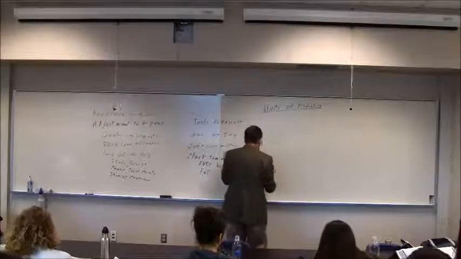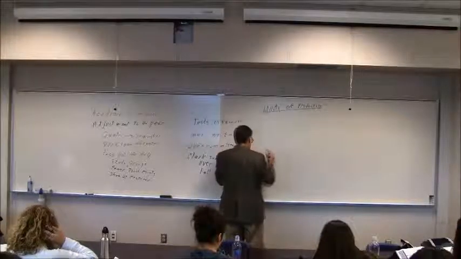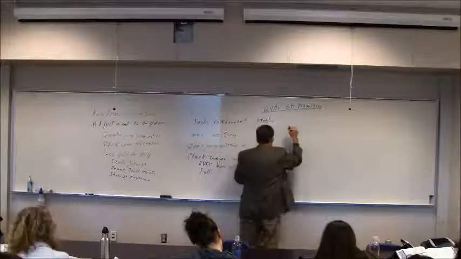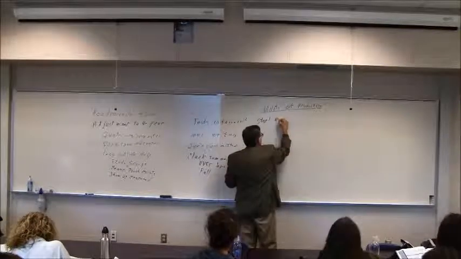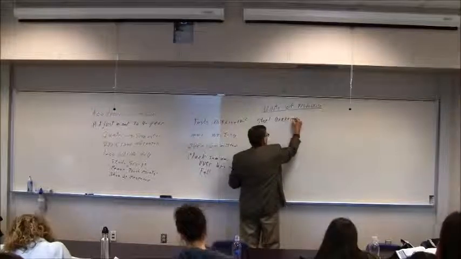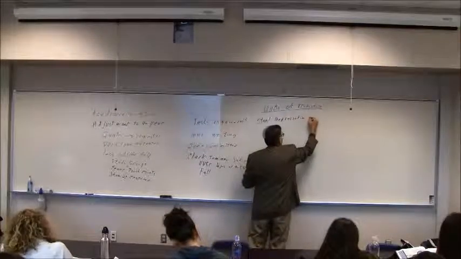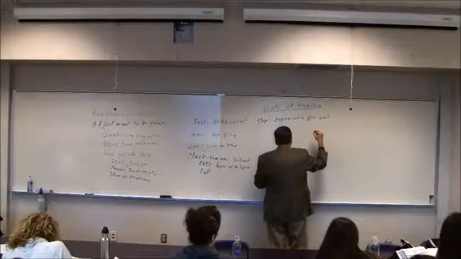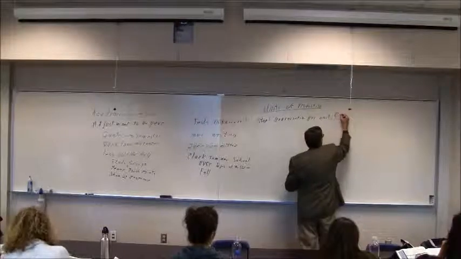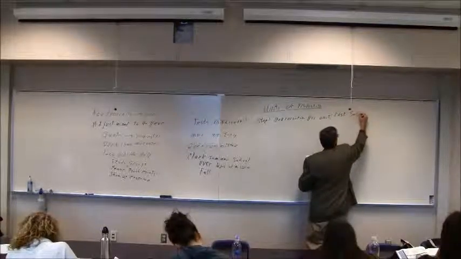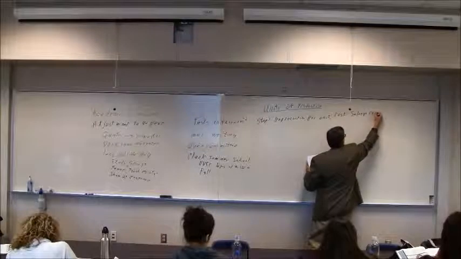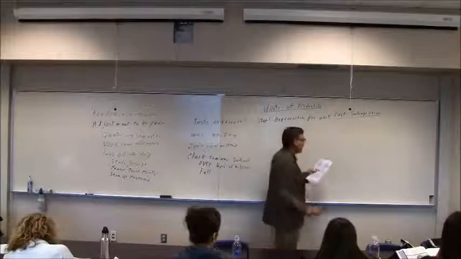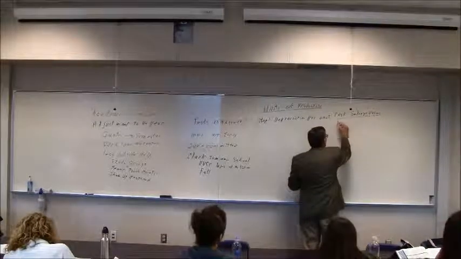Now, in this case, step one is depreciation per unit. The depreciation per unit equals the cost minus the salvage value. What do we call the cost minus salvage value? Depreciable cost divided by total units of production.